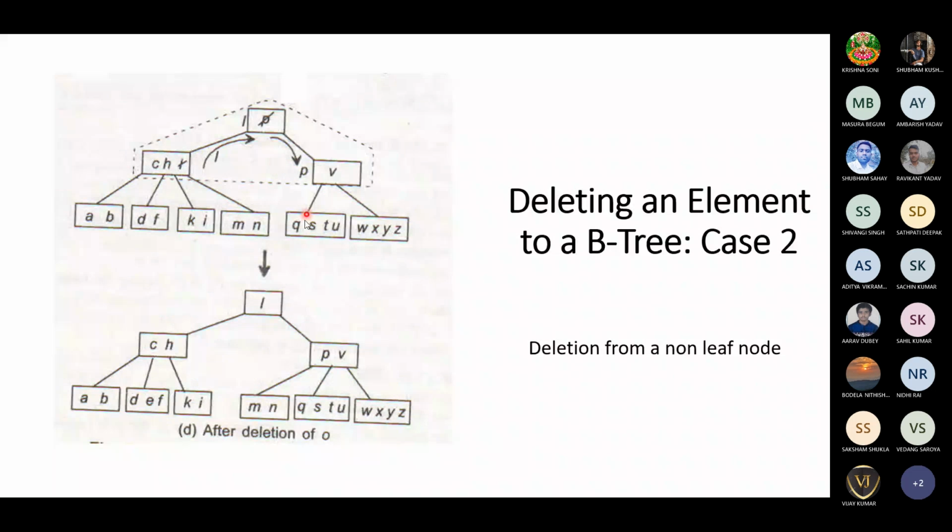QSTU may have 4 nodes, but V has only 1 node, and the right sibling again has 3 nodes. Then you again do the combining by making L the root node, and P will become the right. You are doing a right shift in order to bring the balance. Now L will be your root node, CH and PV will become the children. The idea is when you're deleting a non-leaf node, it will create some imbalance. Those imbalances we have to fix properly as per case 1.